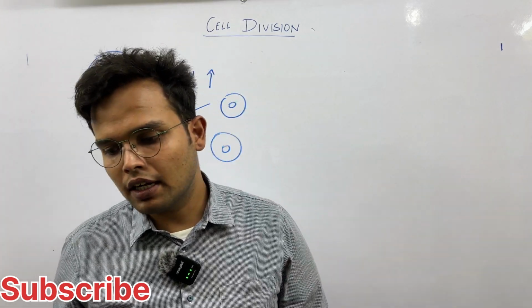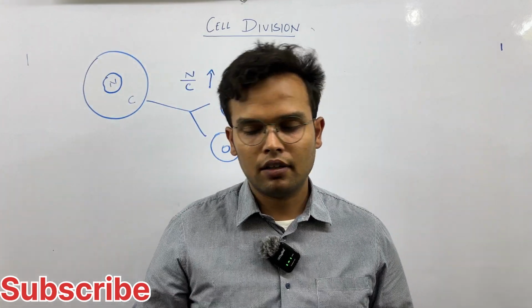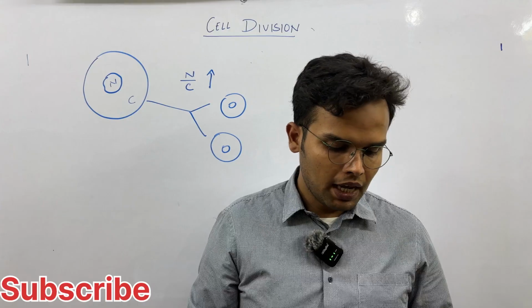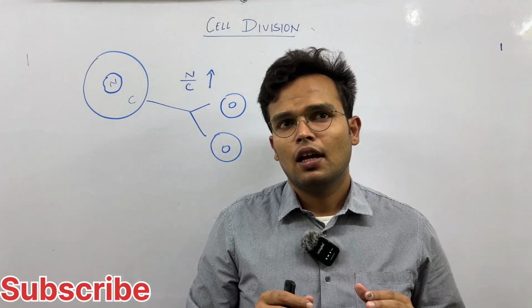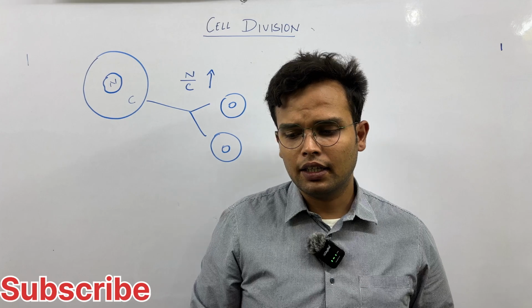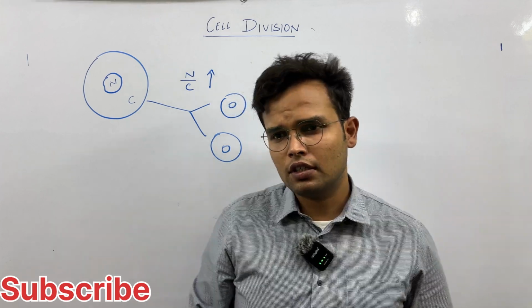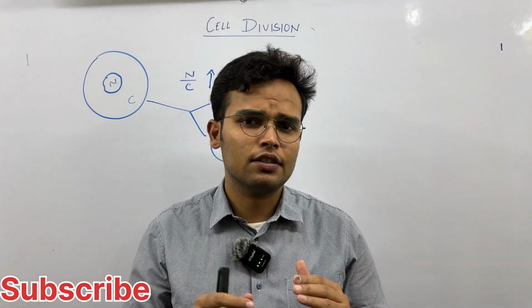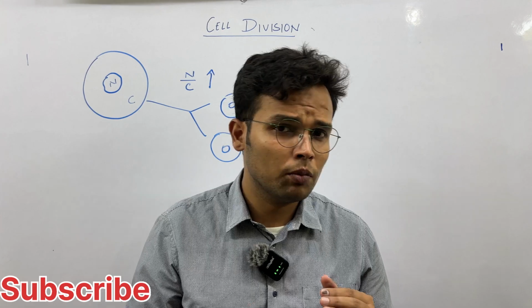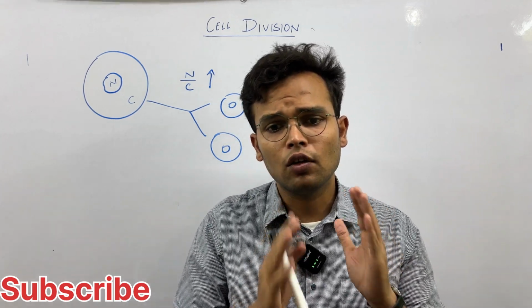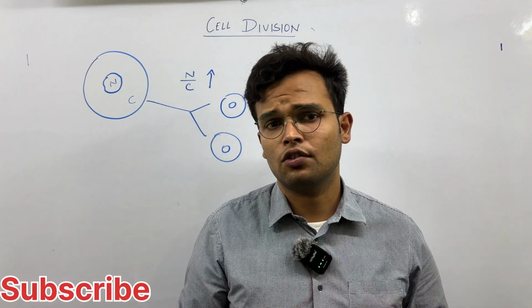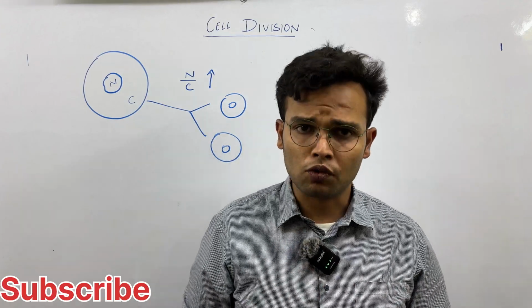Now cell division is a part of a process that we call the cell cycle. The cell cycle is the main event in which a cell duplicates its genome. Genome is the cellular content or cellular data which is incorporated inside the thread-like structures in the nucleus, that we call chromosomes.